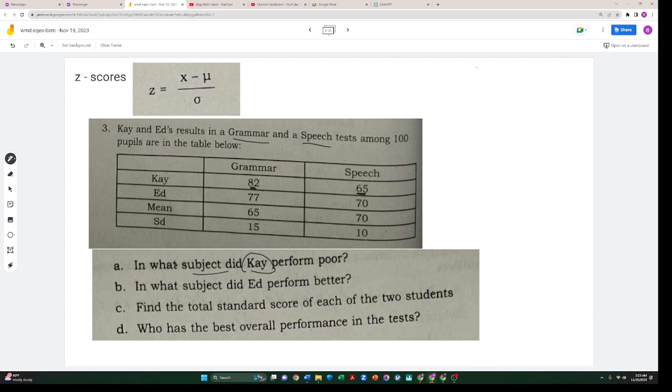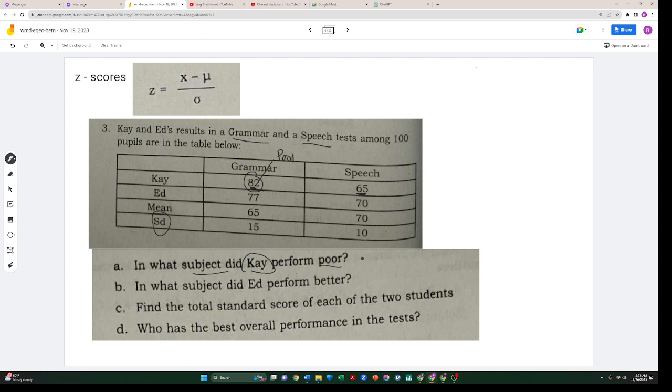So ang pangutana, in what subject did Miss K perform poor? Oops, speech sir. Kay 65 yung speech na score. Mas dako yung grammar. Tanawa sa ligyang standard deviation. The more ang standard deviation, it means layo ka sa mean. So possible grammar ni. So grammar ang iyahang poor.